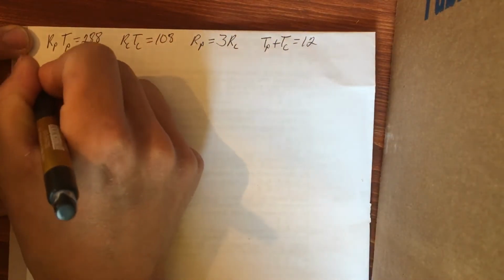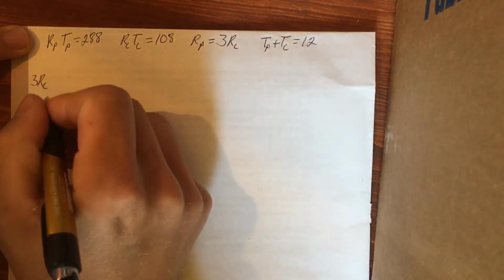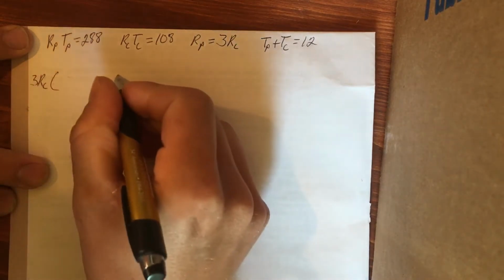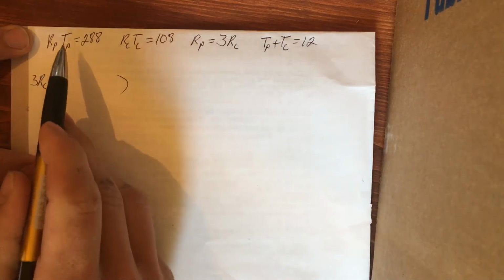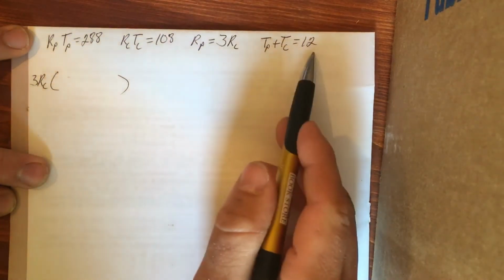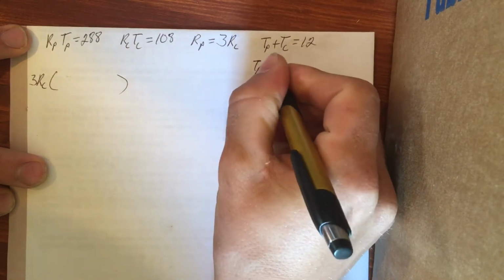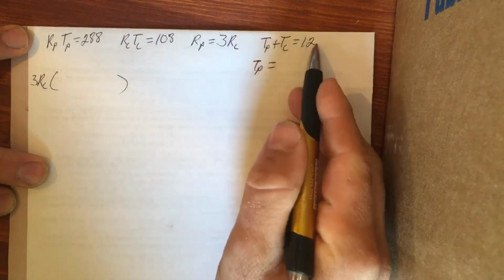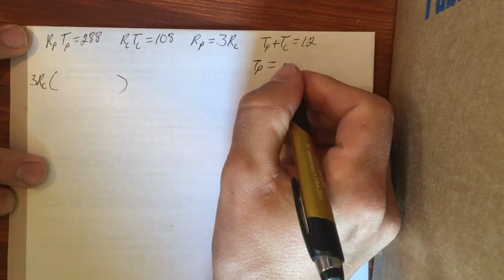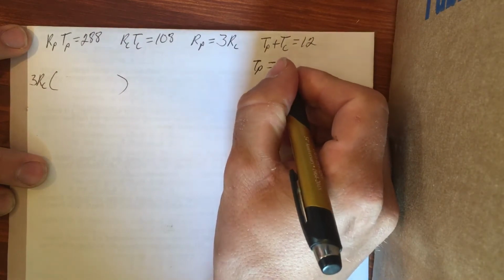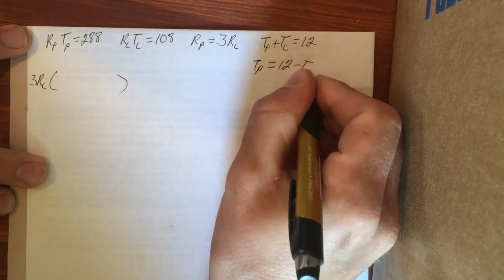So 3RC times, because these are right beside each other, TP. And TP, we need to solve for TP out here. So TP equals, and let's move this TC across the equal sign and change the sign. 12 minus TC.